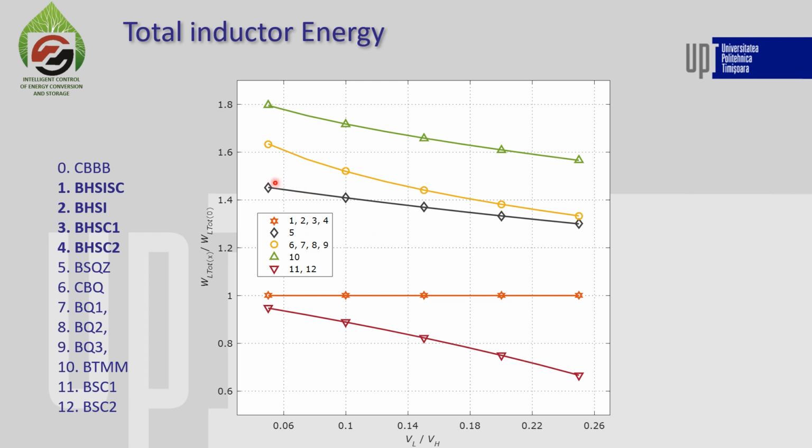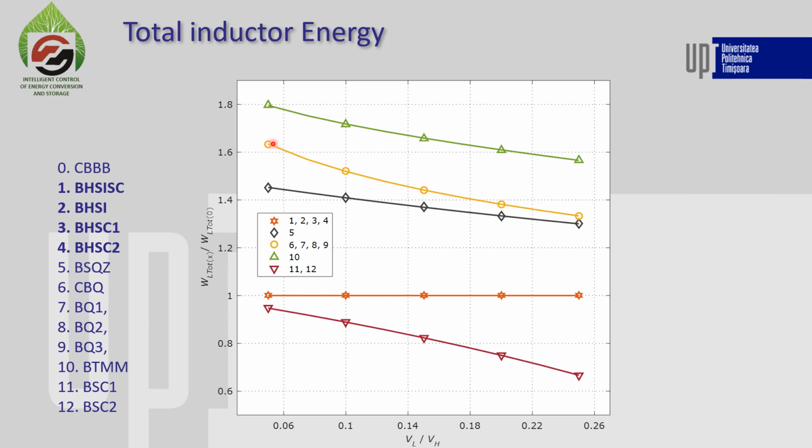Then at number 5, requiring much higher inductor energies, is the switched quasi-Z source converter, which, for low conversion ratio, requires inductors with even 40% more volume compared to the conventional buck boost converters or to the hybrid converters.